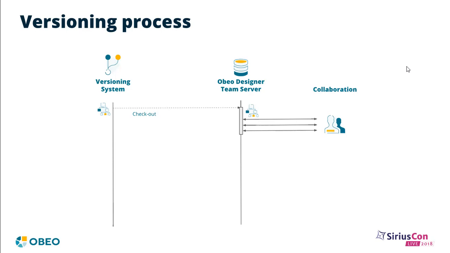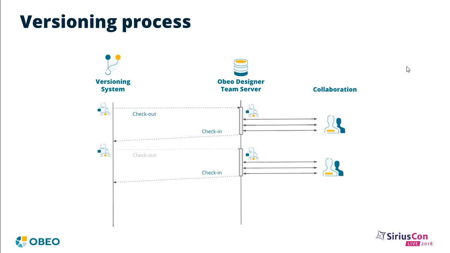Once you have finished this collaborative session, you can check in the result into your versioning system and start again by checking out or continuing from the previous session, and regularly check in and check out your models each time you want to start a new collaboration session.